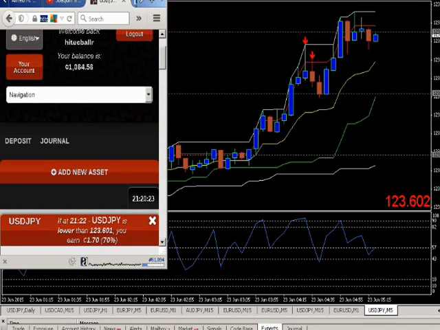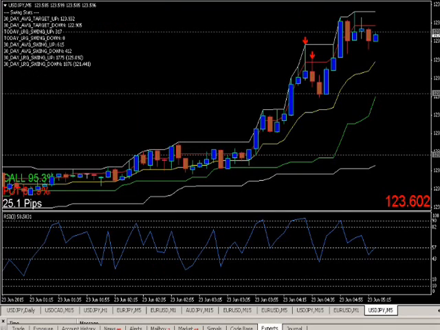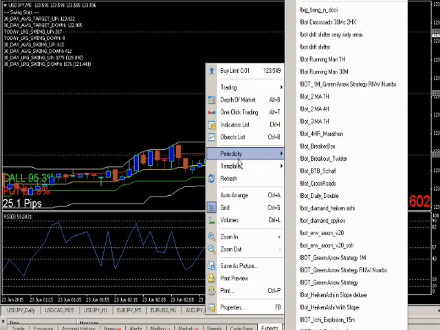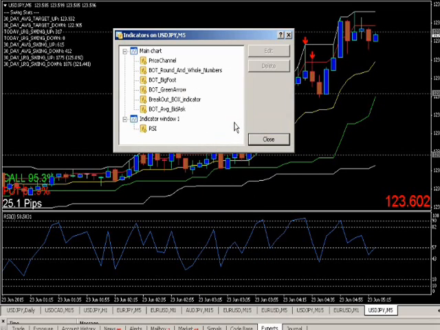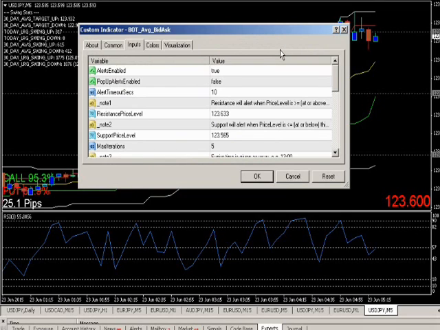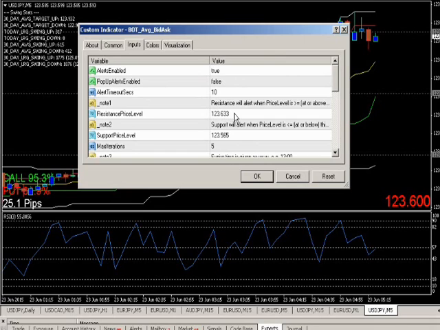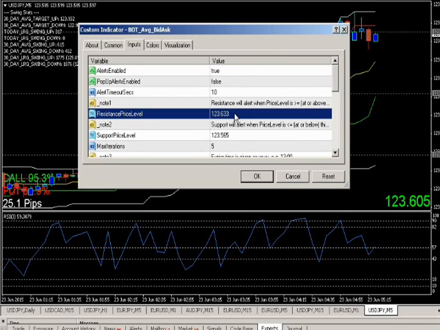Okay, with our alerts, what you're able to do is go into your indicators, select your bot average bid ask, and we've got an area here to actually enter in a resistance level.